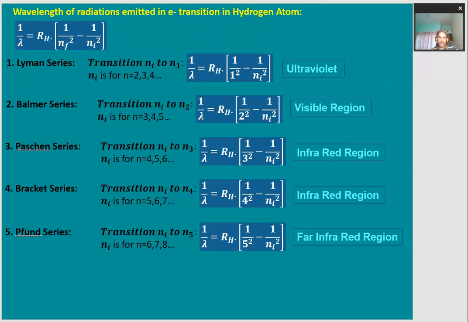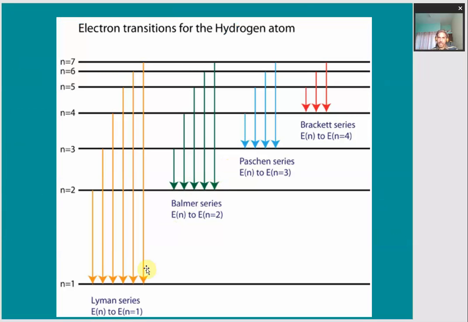You can have this diagram here again. So transitions to n is equal to 1 take place from all higher energy orbits, n is equal to 2, 3, 4, 5 and 6, shown by these orange colors. These are called the radiations of the Lyman series, and they fall in the ultraviolet region.